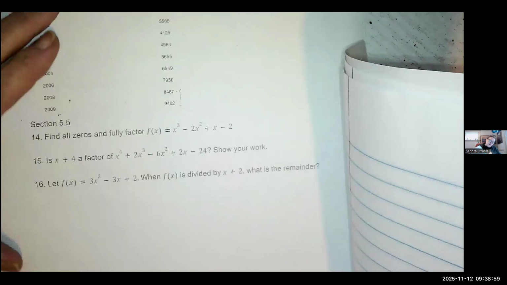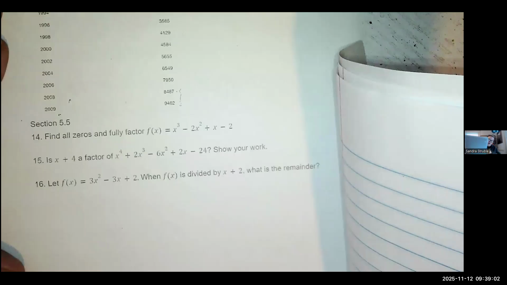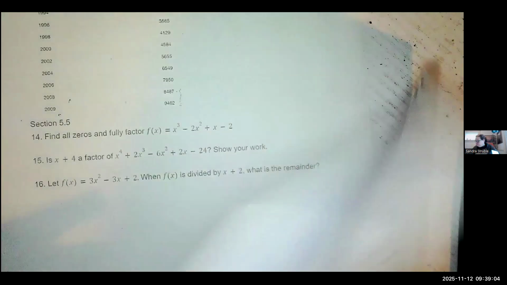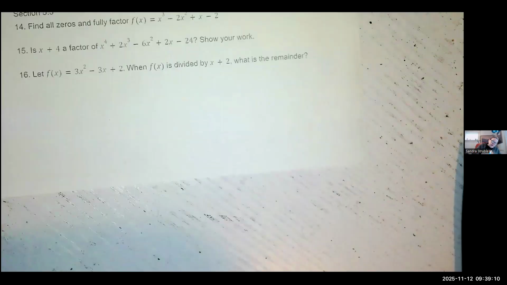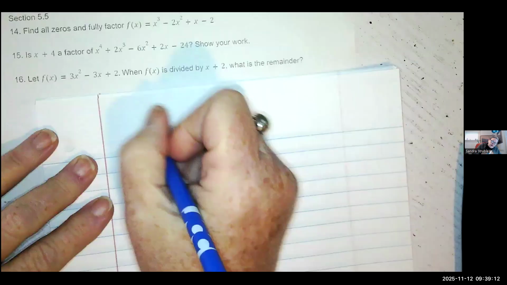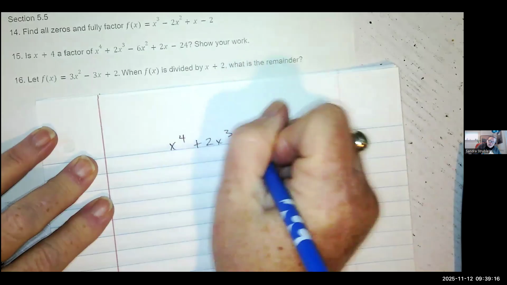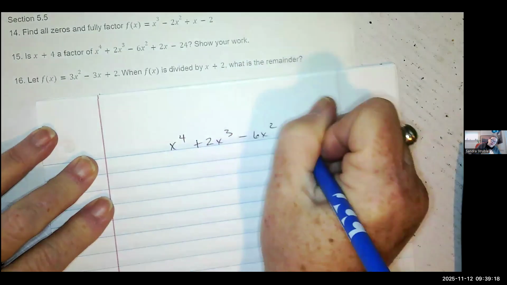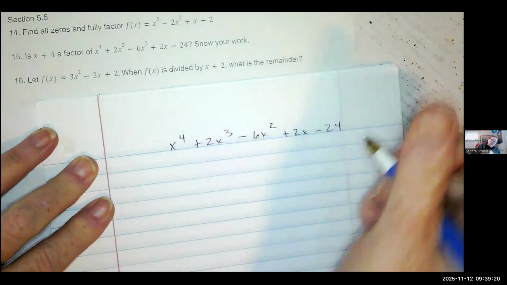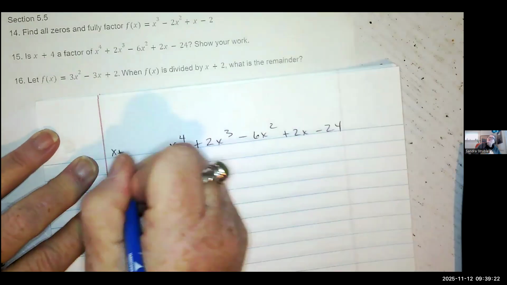Is x plus 4 a factor of x to the 4th plus 2x cubed minus 6x squared plus 2x minus 24? Okay, so synthetic division here. You have to take that x plus 4, set it equal to 0 and solve for x.